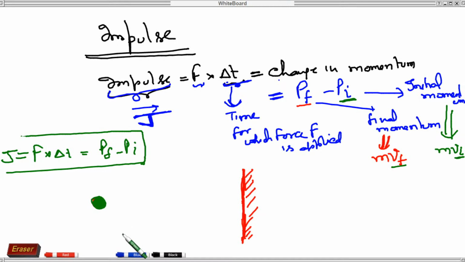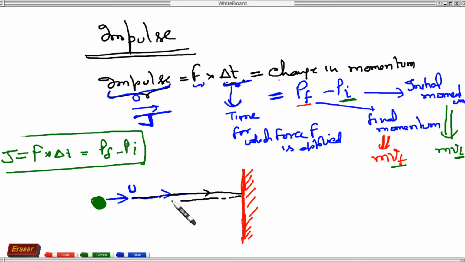It is moving towards this side with the initial velocity u. It reaches there, it strikes here, and after that it returns like this.